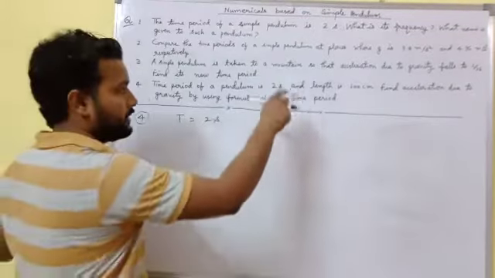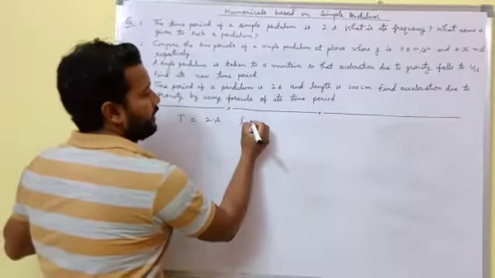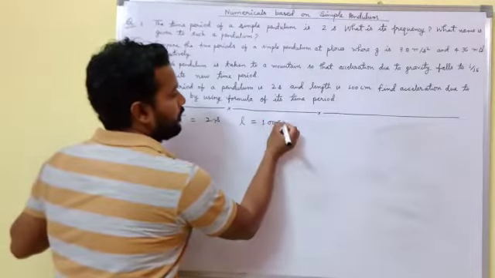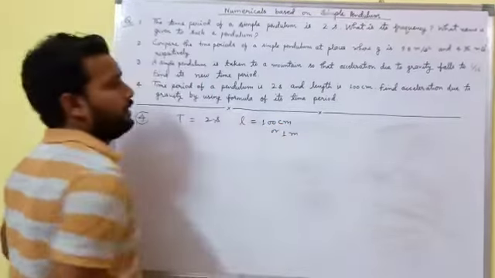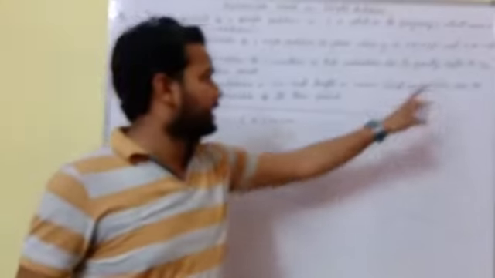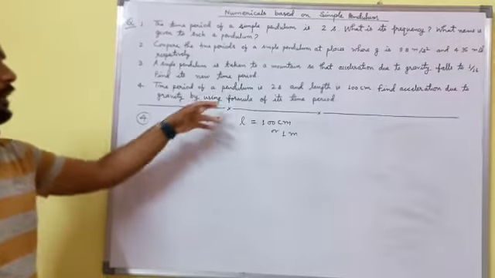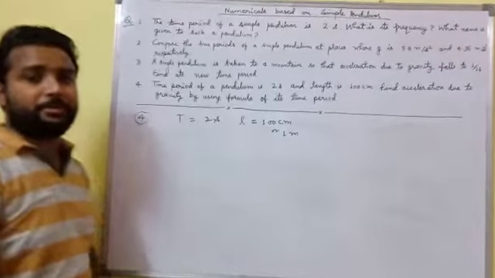The length is given as 100 centimeter, you can write 1 meter, and find out the acceleration due to gravity by using the formula of time period.